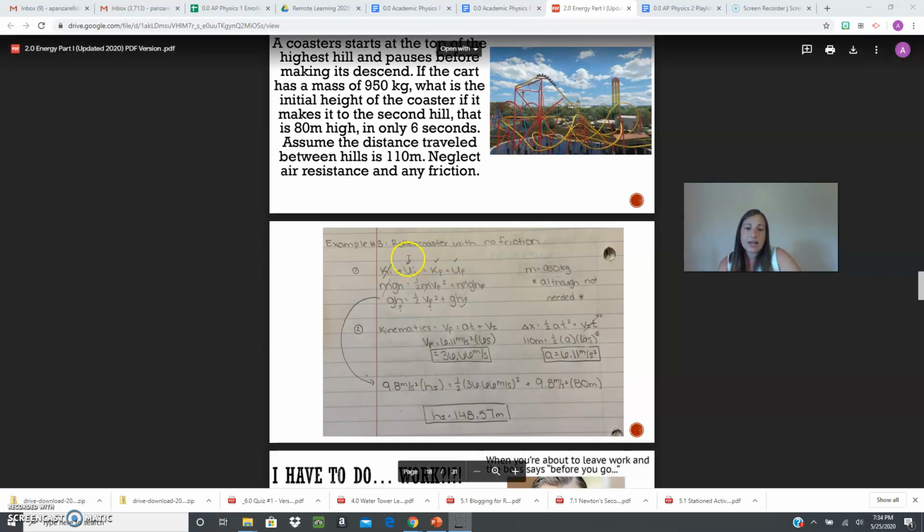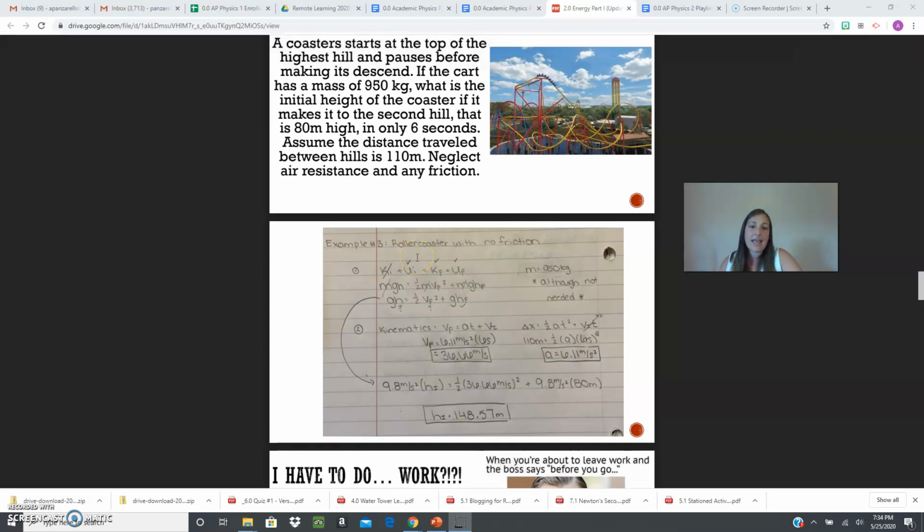So we do that, we say, okay, we have these 3 things. Then what I want to see in your line 2 is you breaking down the equations for kinetic and potential energy. So we have mgh is equal to 1/2 m multiplied by your final velocity squared plus mghf.